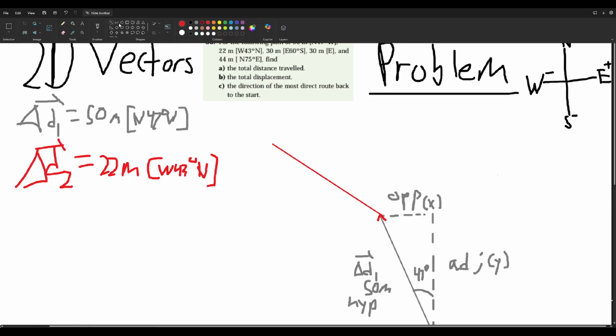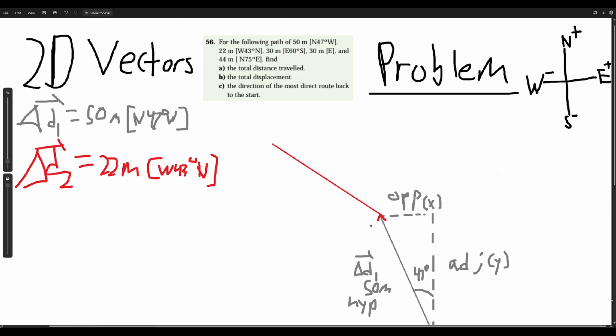And then that angle inside there, let's just label our axes. So this angle here is going to be 43 degrees because we're looking west and tilting up 43 degrees. We can now label this, we're going to have to break this into X and Y components later too, but we can now label this as D2, 22 meters.